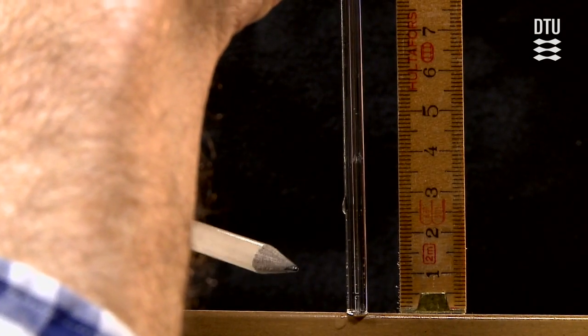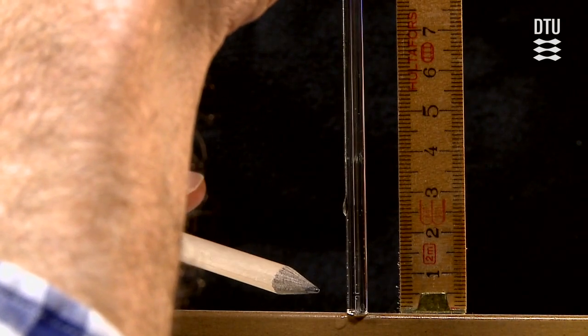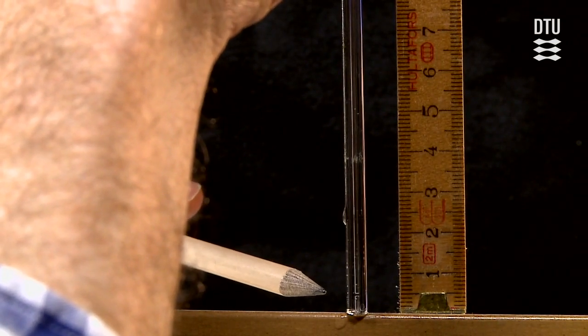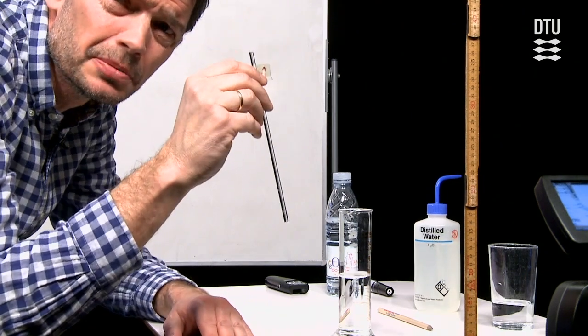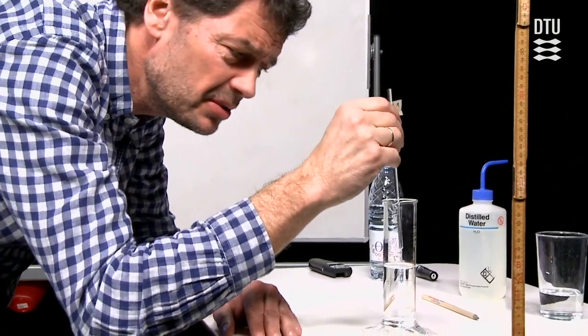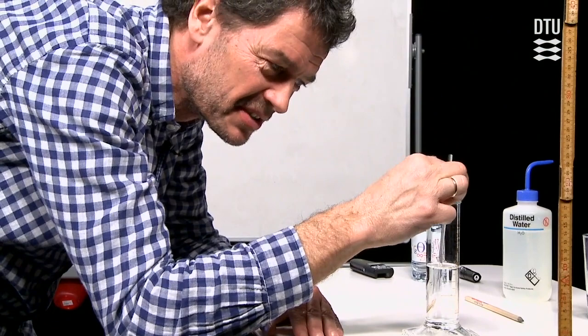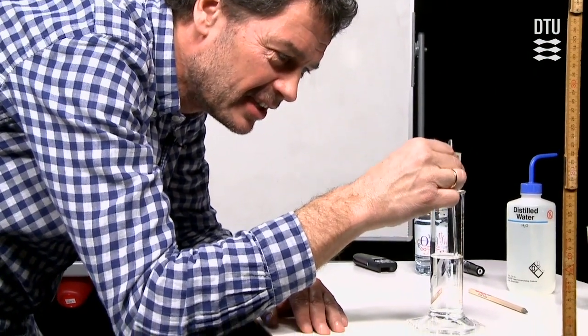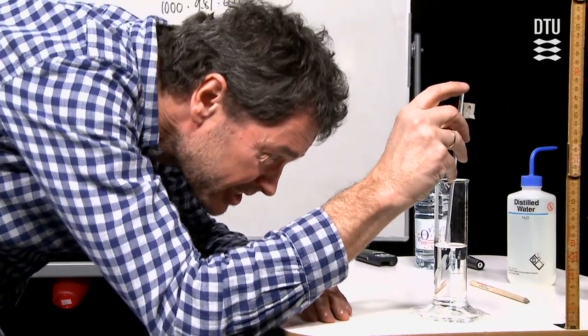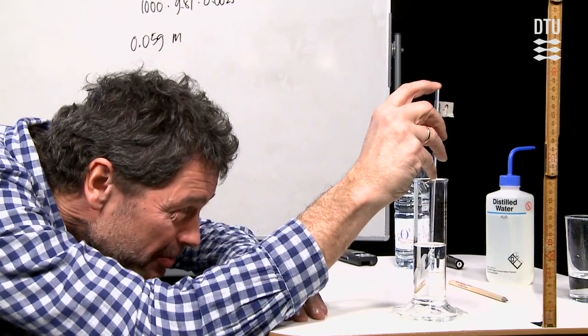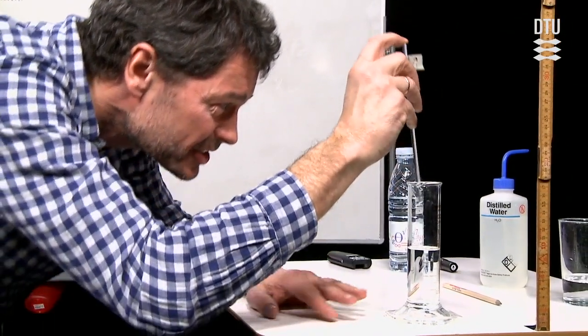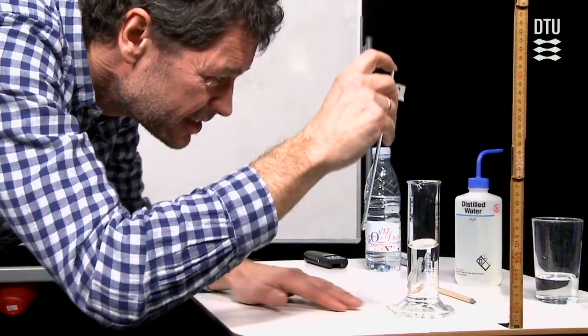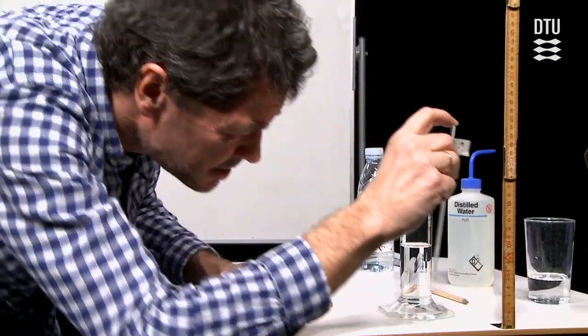So apparently this has failed, or has it? What I do now is repeat my experiment, but this time I put my tube all the way down into the water, more than 6 centimeters. And now I lift it up again, put it just on the surface of the water, put my finger on the top to close it, and then I try again to see how much water has been sucked into the tube.